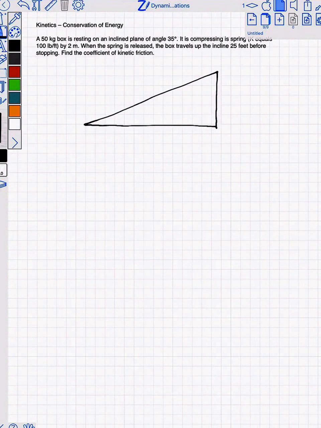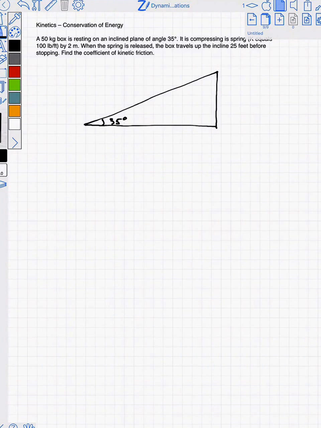So step 1, let's turn these words, this paragraph, into a picture. So we've got an inclined plane, angle 35 degrees, with a spring and a box.